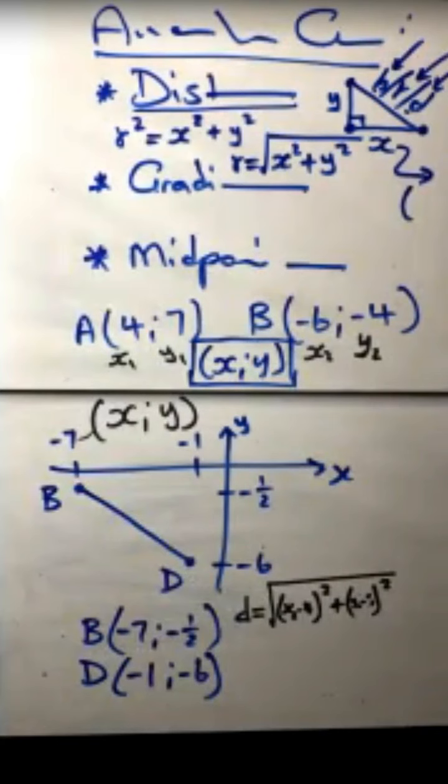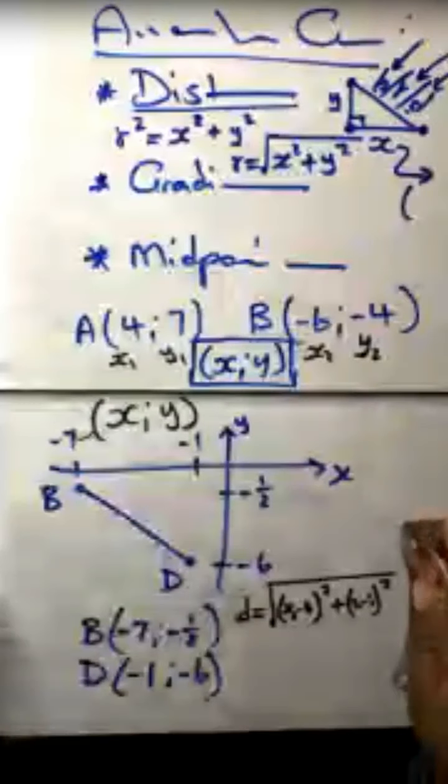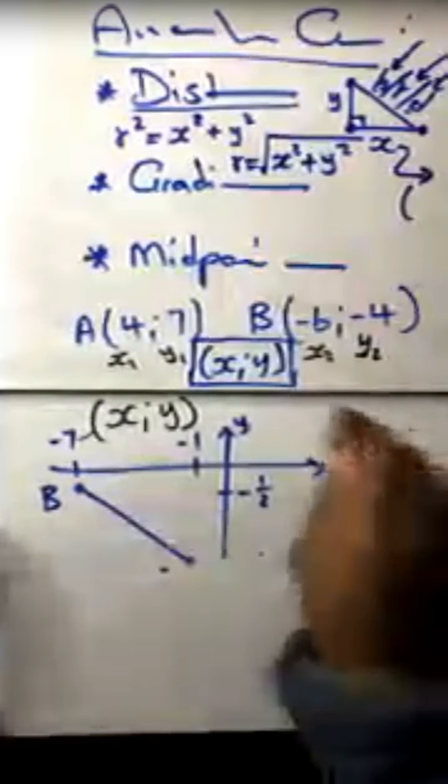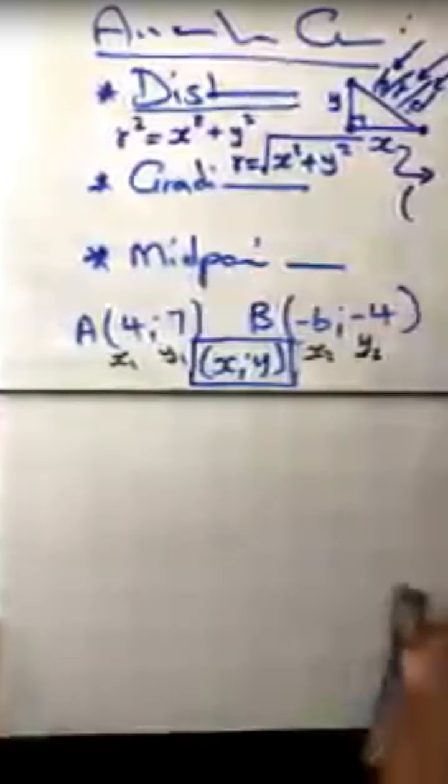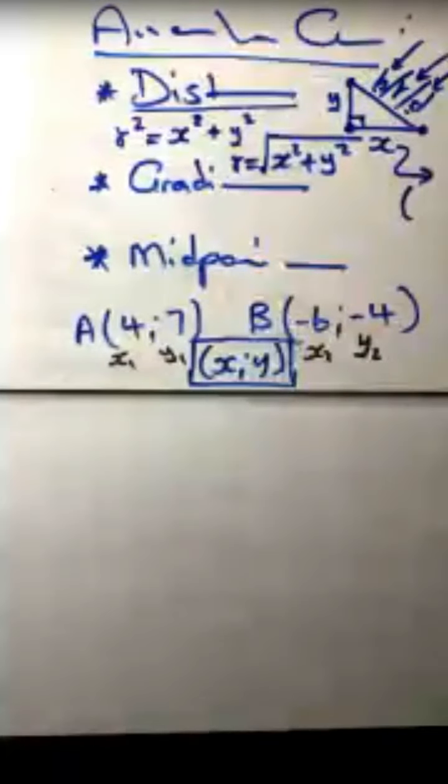So I'm also going to take a photo of this one and leave it for you to do as part of your homework. So that means you are going to calculate the distance between those 2 points. Now I'm not sure if we should leave it here or continue, but I think let's leave it here.